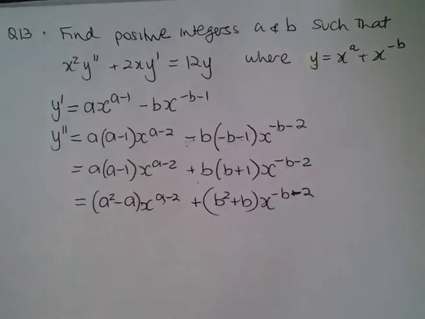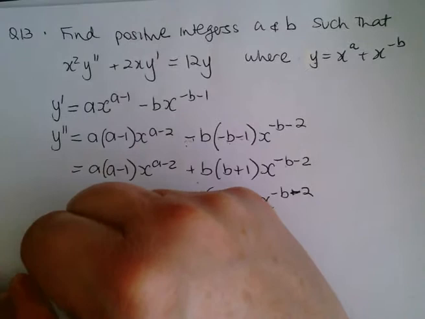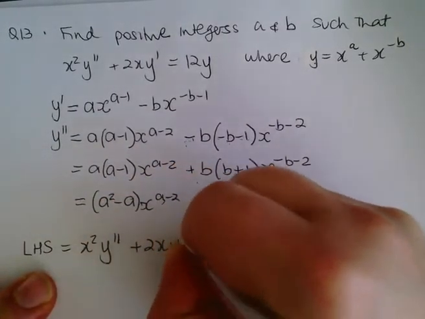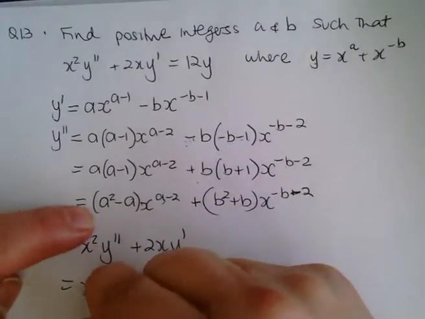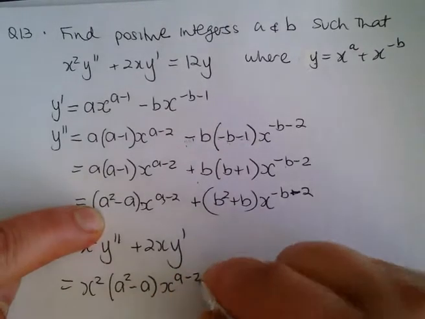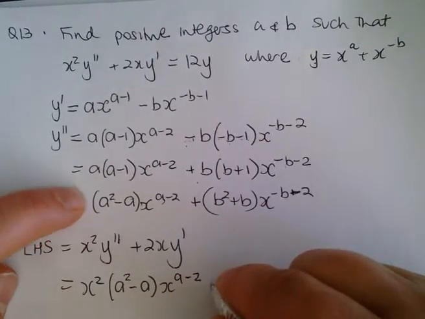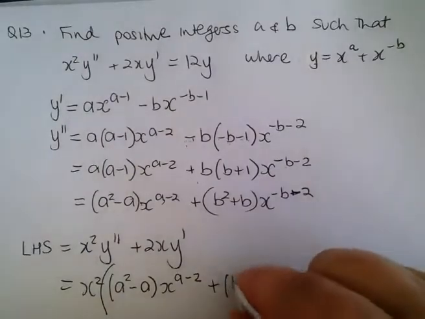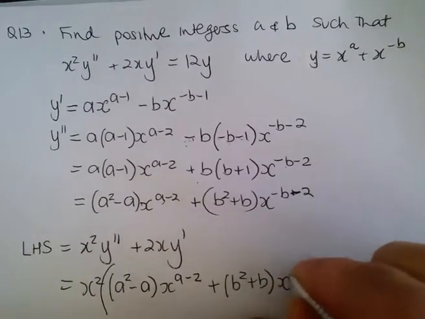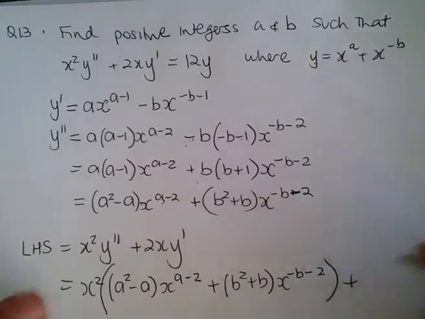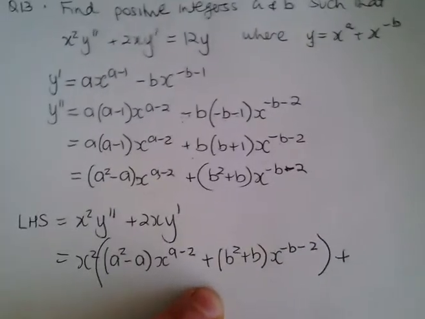Right, so let's just substitute in. Left-hand side is x squared times the second derivative plus 2x times the first derivative. So it's x squared times a squared minus a times x to the a minus 2, plus b squared plus b times x to the negative b minus 2, in a big bracket because it's x squared times all of that.